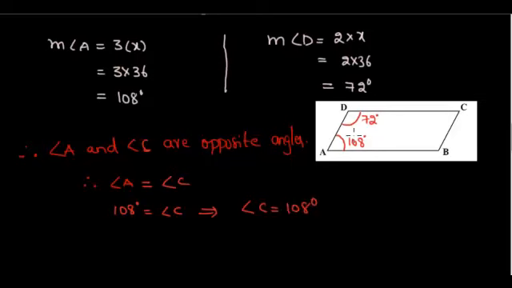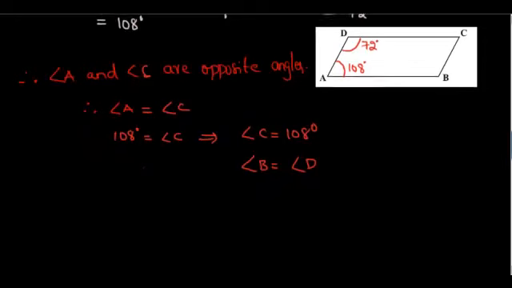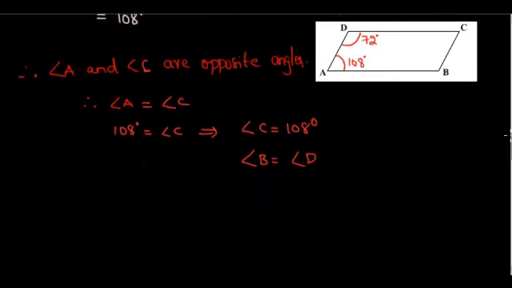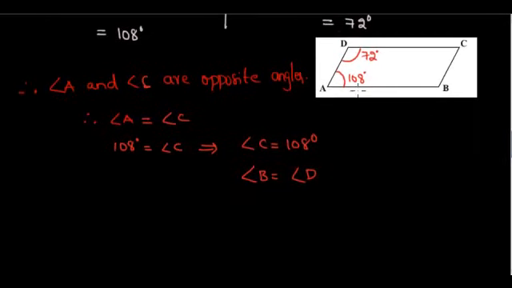Similarly, angle D and angle B are opposite angles, therefore they must be equal. Therefore angle B is equal to angle D. Since angle D is 72 degrees, angle B is also 72 degrees.